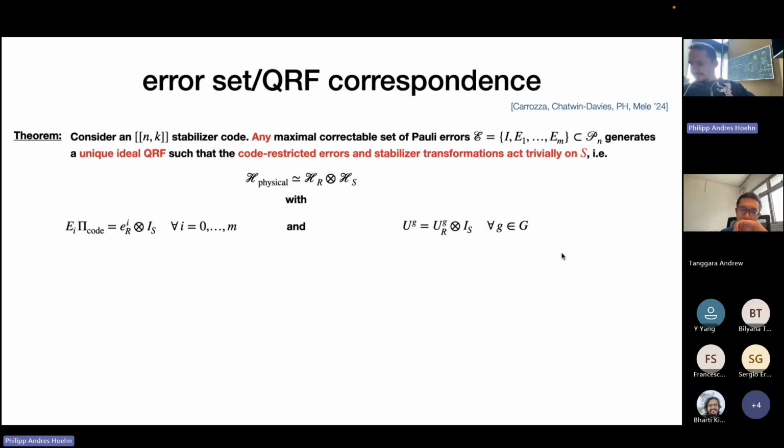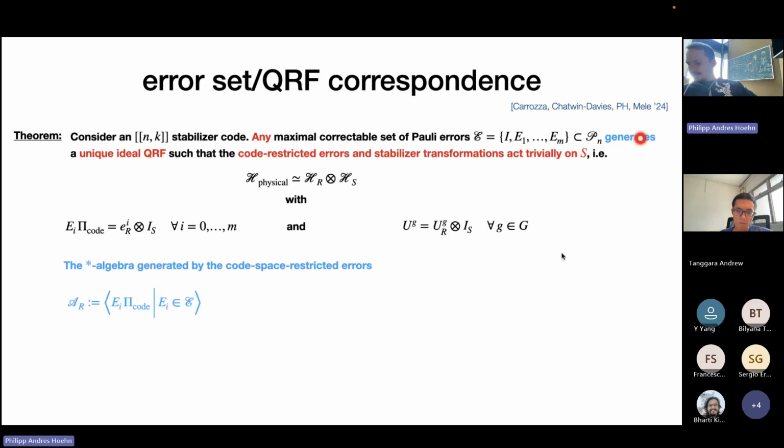And the statement is that the frame is such that when I look at the code space restriction of the errors in this new factorization, they act only on the frame part and trivially on the system for all of these errors. And when I look at the representation of the stabilizer group in this new factorization, it acts trivially on the system, but non-trivially on the frame. So the statement is that this always exists for any maximal set of correctable Pauli errors.